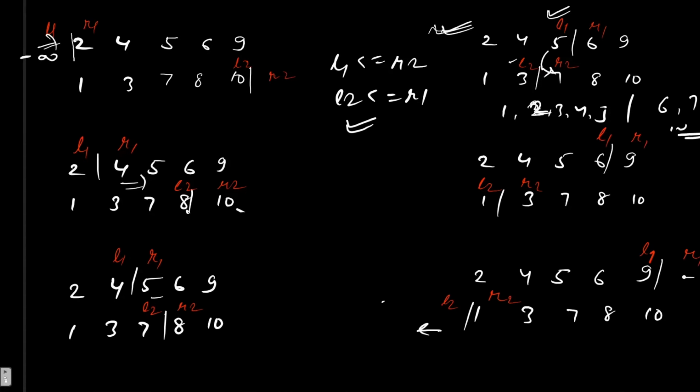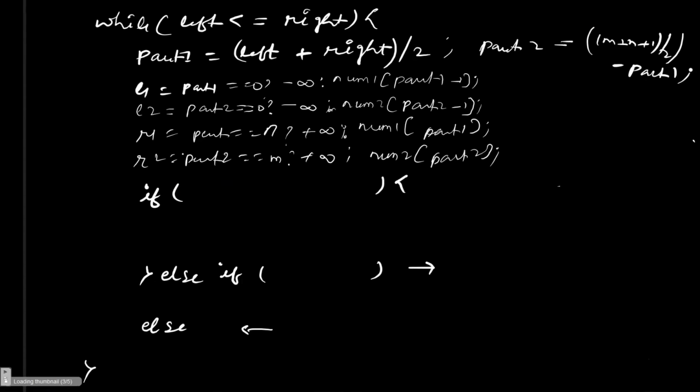So this is the valid condition, and whenever we encounter this valid condition, we have to do some work here. If L1 is lesser than or equal to R2 and L2 is lesser than or equal to R1, in that case we have to return our value.